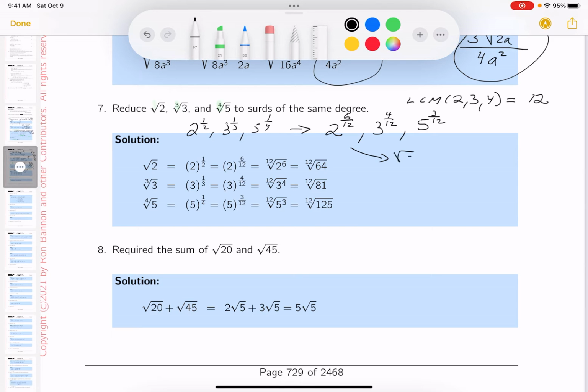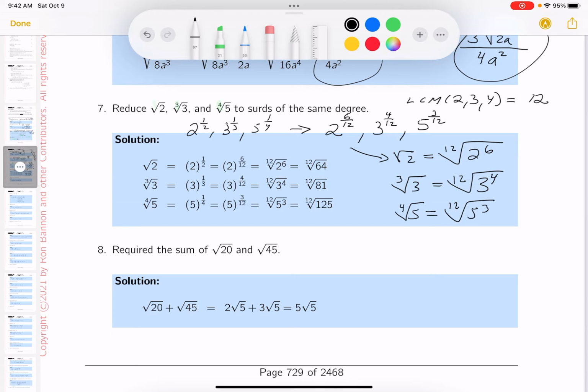So the square root of 2 is the same thing as the 12th root of 2 to the 6th power. I'll simplify that later. The cube root of 3 is the same thing as the 12th root of 3 to the 4th power. The 4th root of 5, there's a point to doing this, by the way. The 4th root of 5 is going to be the 12th root of 5 cubed.